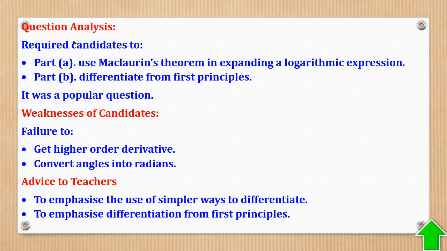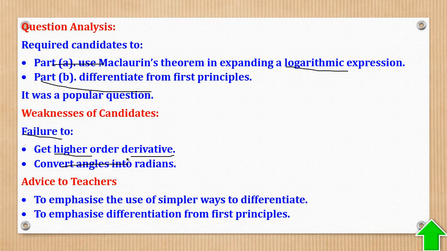So question analysis, the question required candidates to use Maclaurin's theorem in expanding logarithmic expressions. Part B required them to differentiate from first principle. It was an application. So weakness was failure to get higher order derivative. When it came to differentiating second time, third time was a challenge.